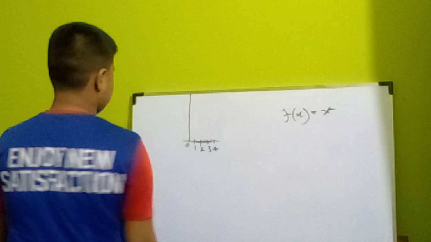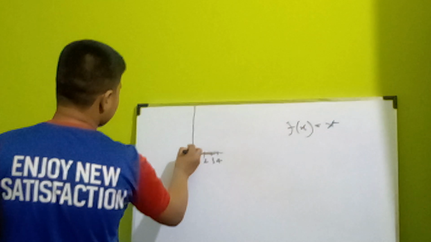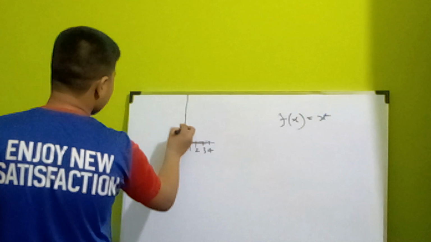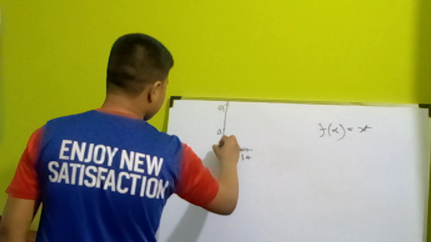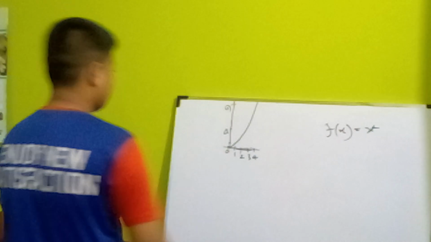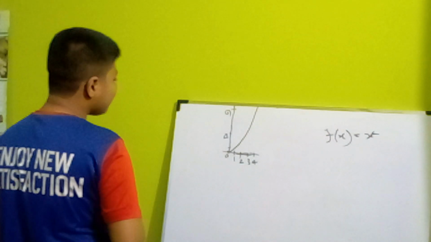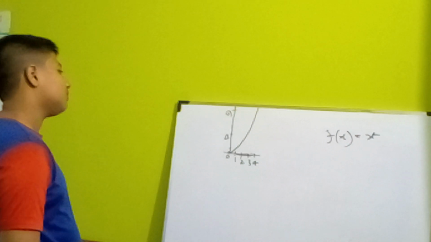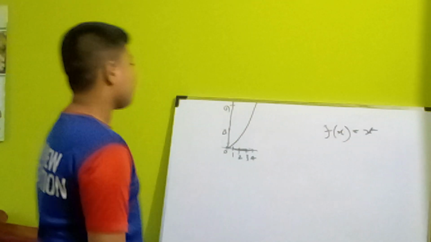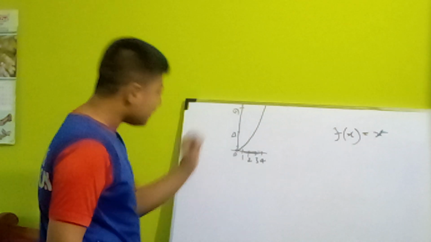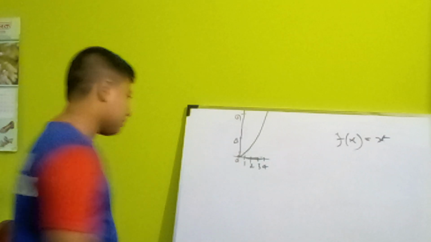Extend it. Now, 0 squared is just 0, 1 squared is 1, 2 squared is 4, 3 squared is 9. So our graph is likely to be like this. This is the graph of x squared. But how do you find its derivative or its slope? The rate of change is not the same everywhere. If the rate of change is changing, what can we do? We have to think about one thing.